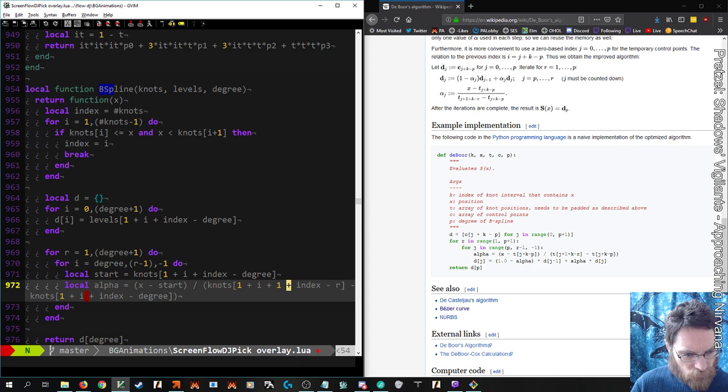X minus start. And then the weird one is we have a very, very similar term, but it's like I plus 1, but it's minus R. One to P, number of elements we're considering.